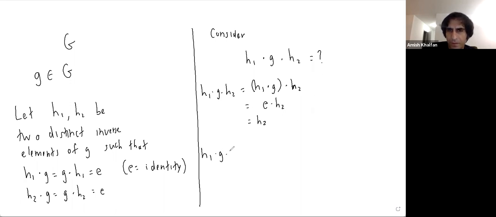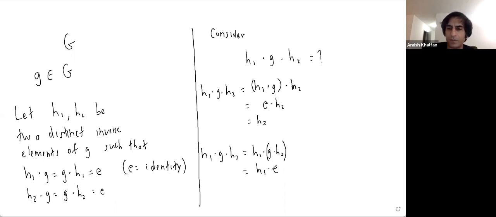However, while that's true, from associativity, we can also say that this product of three elements can be gotten by first composing g with h2 and then having h1 act on that. So if we do it that way, we know that h2 is also an inverse element of g. So g dot h2 is the identity element e.